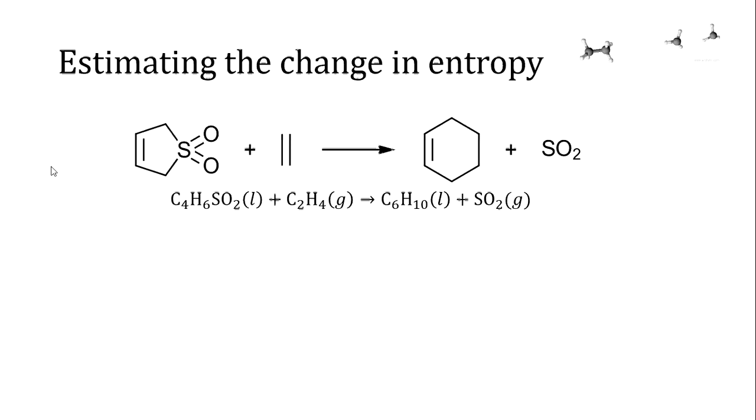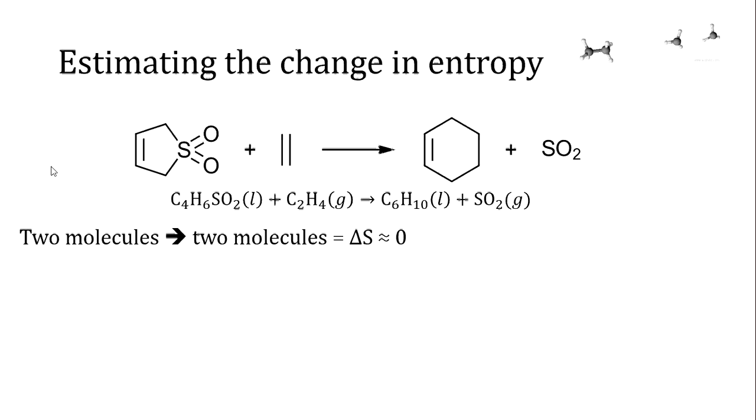Let's do another example with a similar set of molecules, but this time we have two reactants and two products. And again, I've written out the equation showing the states that all of these substances are in. In this case, we have two molecules on the reactant side and two molecules on the product side.